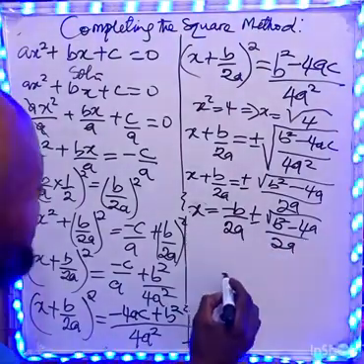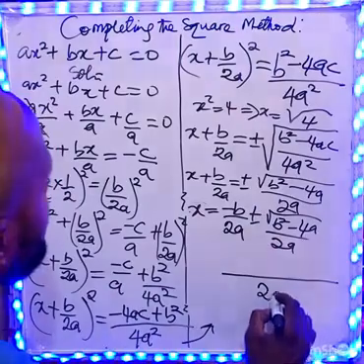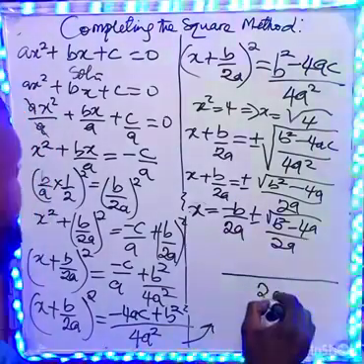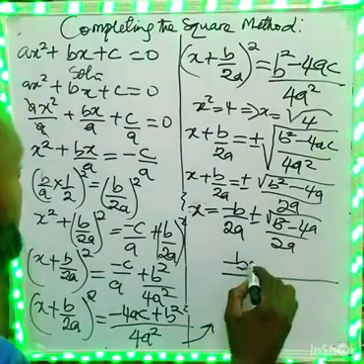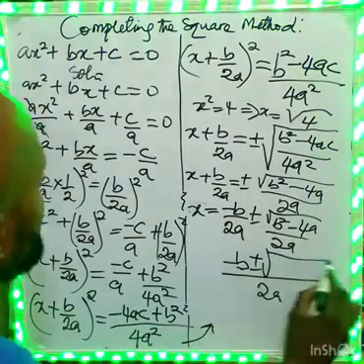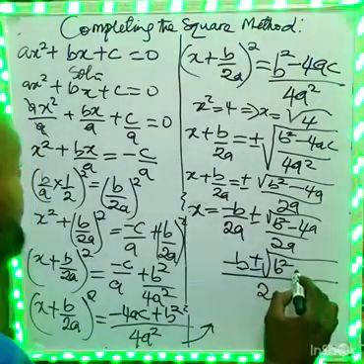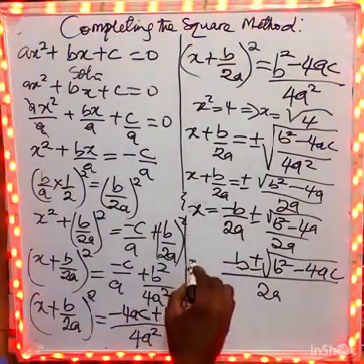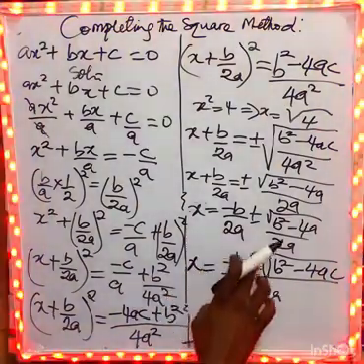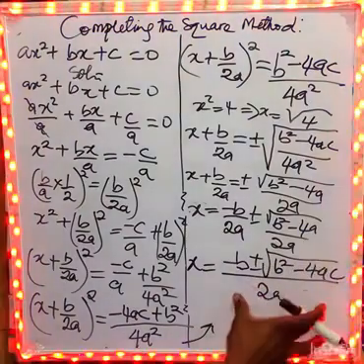So you can say that the LCM is what? 2a. Okay, so 2a divided by 2a is 1. 1 times minus b, you have minus b, plus or minus the square root of b squared minus 4ac. Okay, so x is equal to minus b plus or minus the square root of b squared minus 4ac, all over 2a.